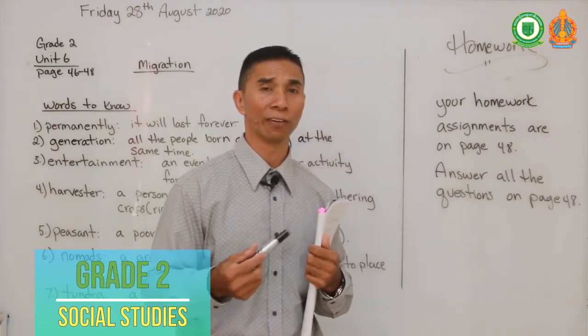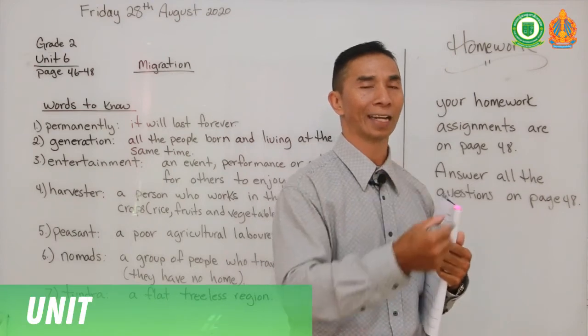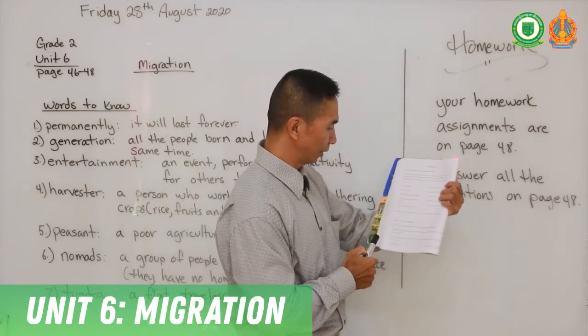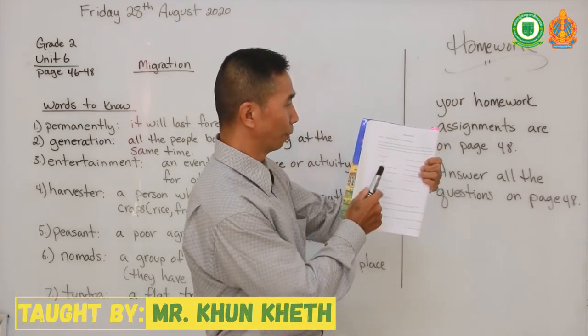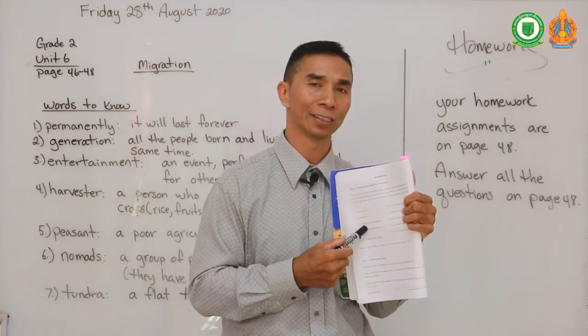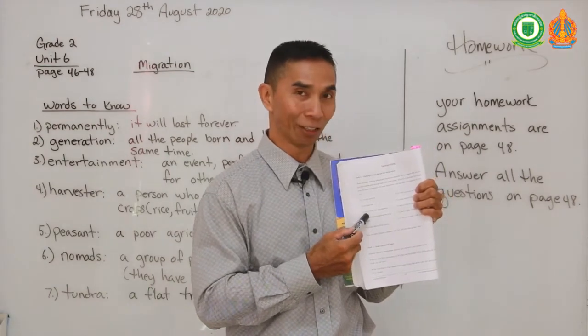So for example, if I were to immigrate to Thailand, I would be moving to Thailand. For your assignment, I want you to answer all the questions on page 48. There are many questions that are about you, so remember, there are no wrong answers as long as you answer the questions.